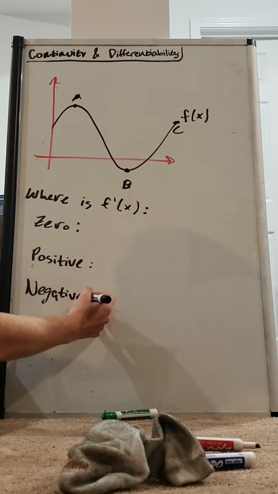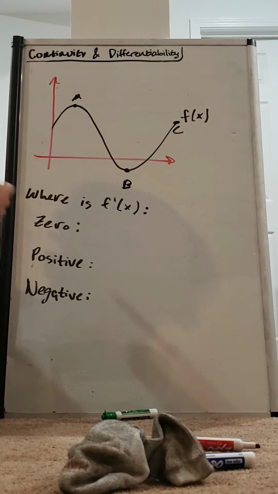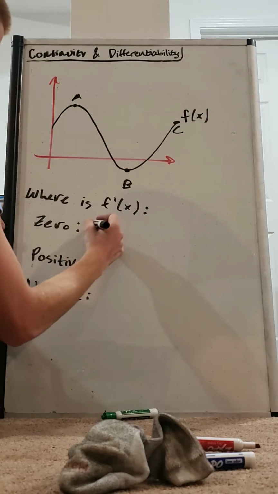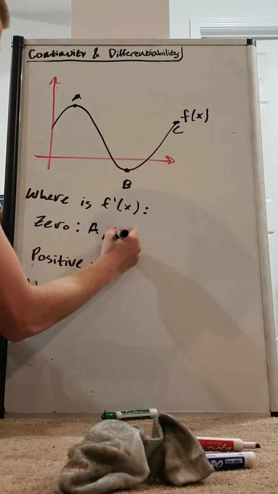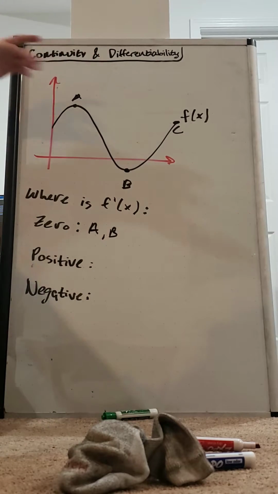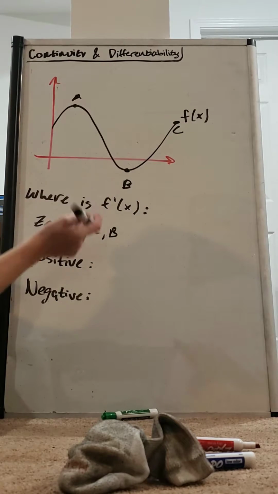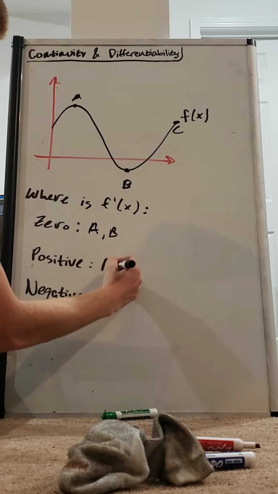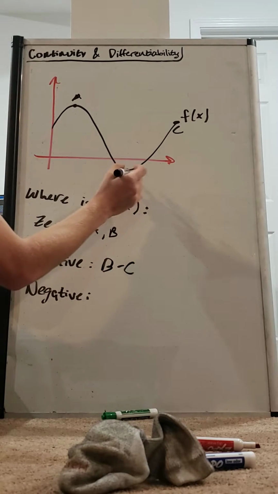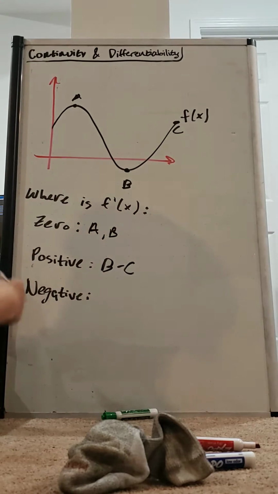We should be able to say f prime of x, or the derivative of f of x, is going to be 0 at A and B, because that's where the tangent line has a 0 slope. When is it positive? That means when the tangent line has a positive slope, and that would be from B to C. Anywhere in here, the derivative would be positive.